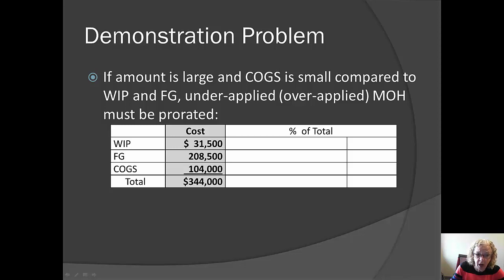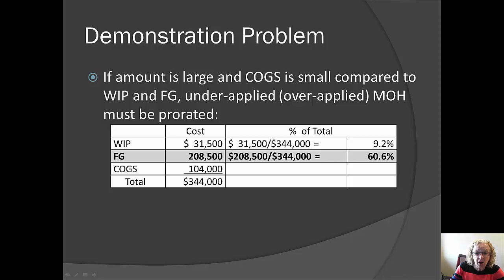So for work in process, it represents $31,500 out of the total, which works out to about 9.2%. Finished goods represents $208,500 out of the total, so it's going to get about 60.6%.